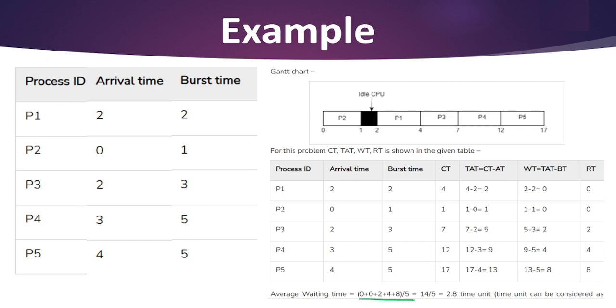So here we have 0 plus 0 plus 2 plus 4 plus 8 divided by the total 5 values, and the answer will be 2.8. Similarly, you can also find the average TAT, that is turnaround time. You need to add all these values and divide them by 5, and you will get the average turnaround time.